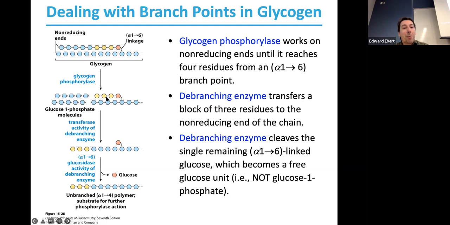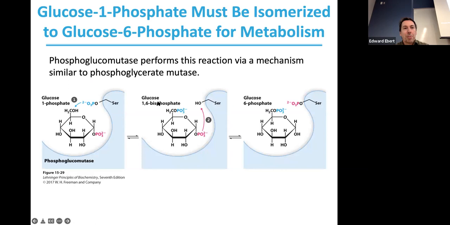Then we have a debranching enzyme, which takes that branch and puts it on the end here. Well, 3 of them on the end, and then we cleave off the branched one. Then we continue on again and repeat this over and over. So, glycogen phosphorylase and a debranching enzyme when we get down to or near a branch point.